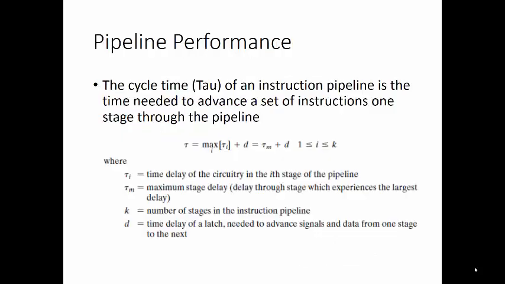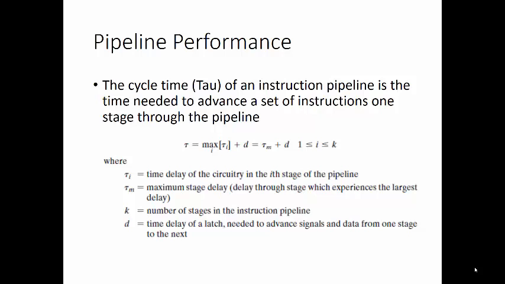So there are some formulae for pipeline performance, and one of these is the cycle time of an instruction pipeline, and that's known as tau, and that's basically the time you need to advance a set of instructions one stage through the pipeline.